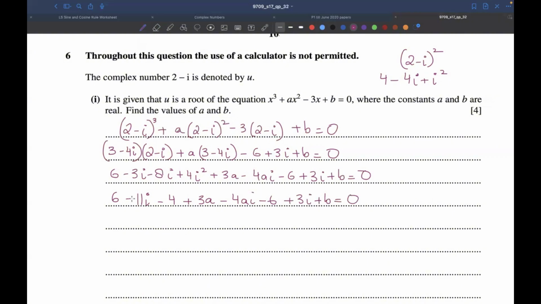We can simplify this equation now. 6 and minus 6 will cancel out. So the term we'll have is minus 11 plus 3 iota, which is minus 8 iota. We can take the 4 to the other side, and on the left hand side we'll have minus 8i plus 3a minus 4ai plus b, equal to plus 4.